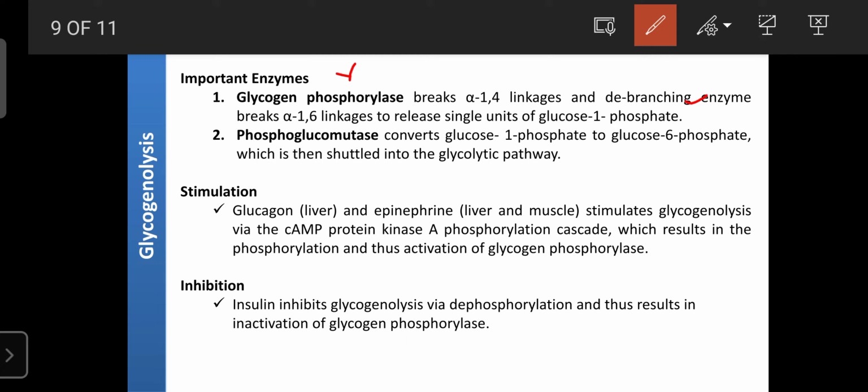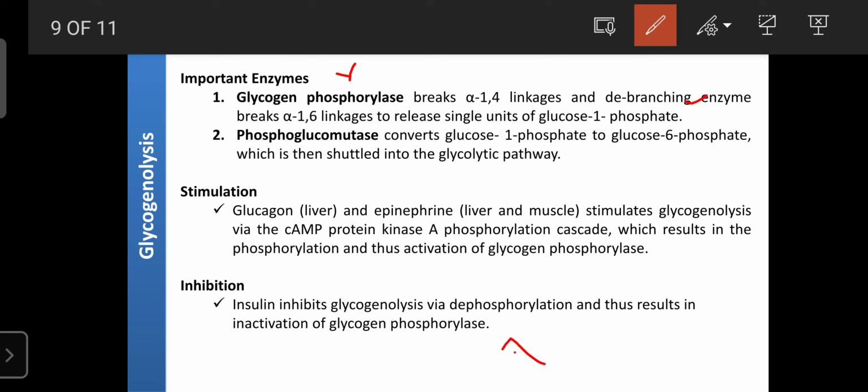That enzyme phosphorylates and enhances the activity of glycogen phosphorylase. So glucagon and epinephrine accelerate glycogenolysis.